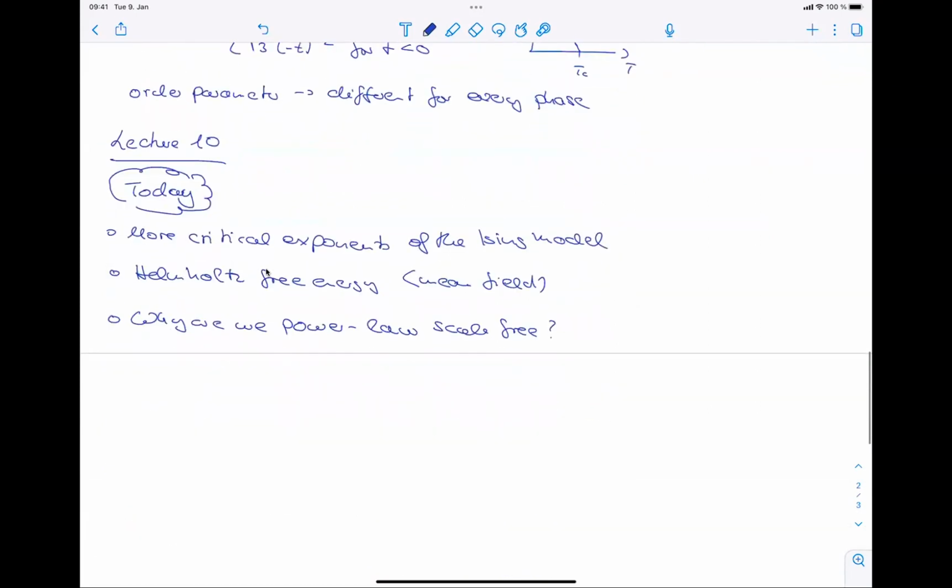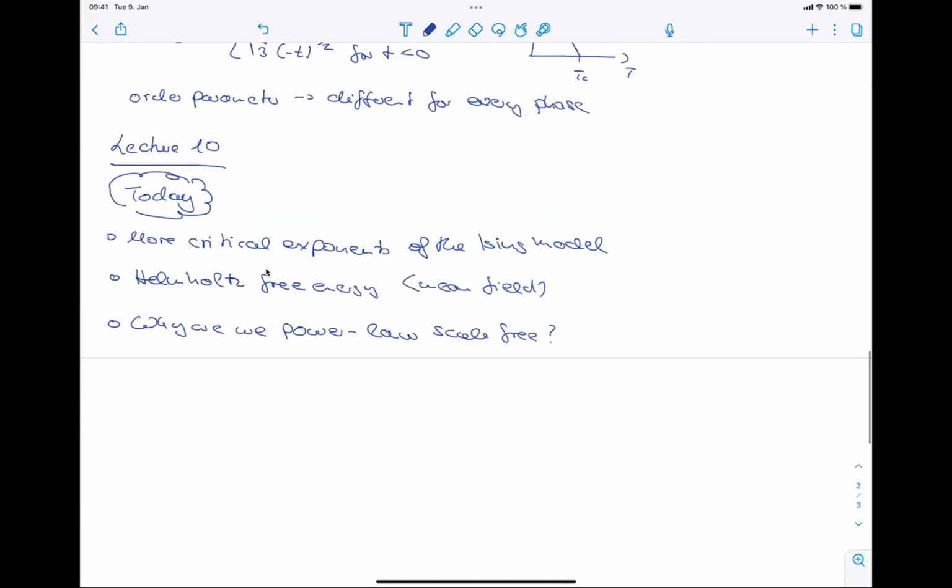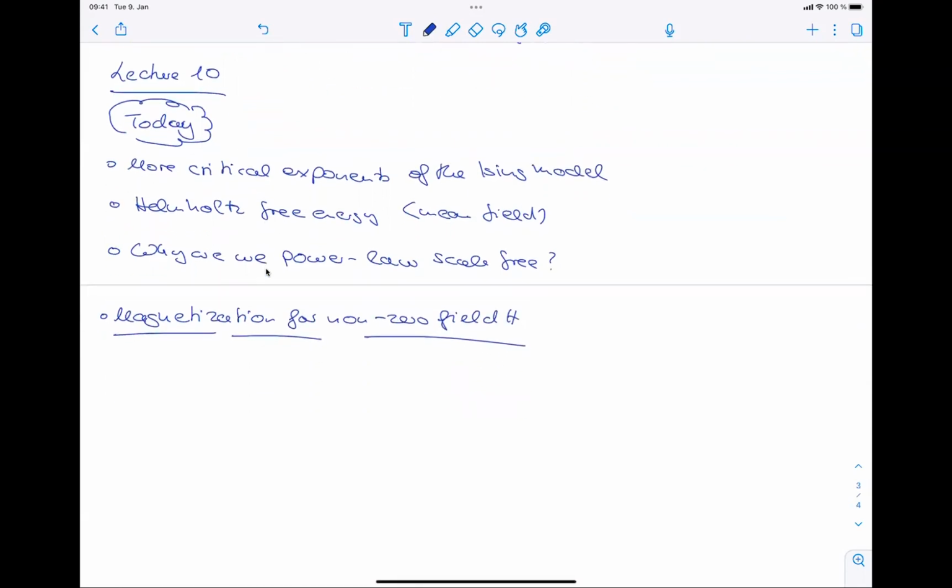There are many more critical exponents that we now can calculate. And we start with the magnetization for the non-zero field H. So remember, our equation defining our mean field was Zj tanh of beta H naught.